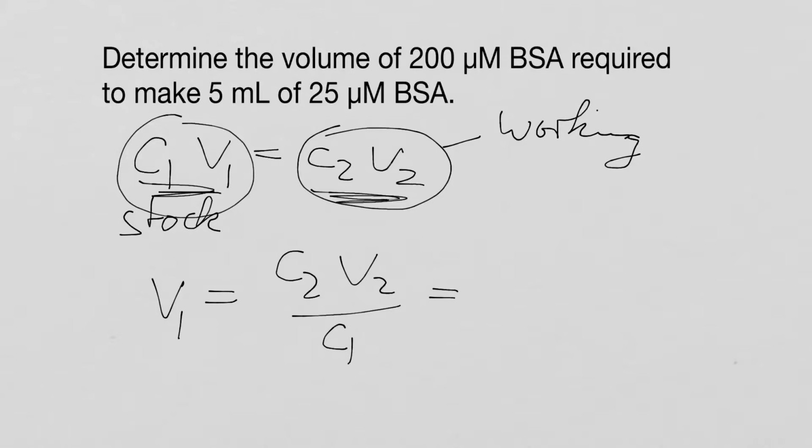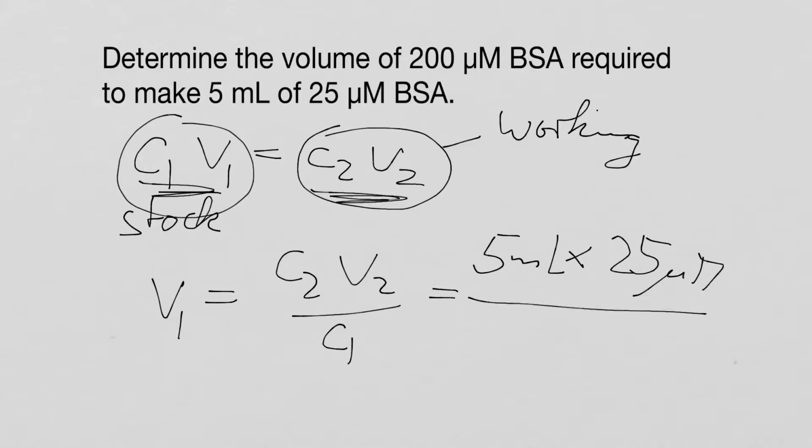equals 5 milliliter times 25 micromolar, divided by 200 micromolar. If it was micromolar and millimolar, I would have to change it into a common unit. But since it's both micromolar, I just leave it and cancel it out.